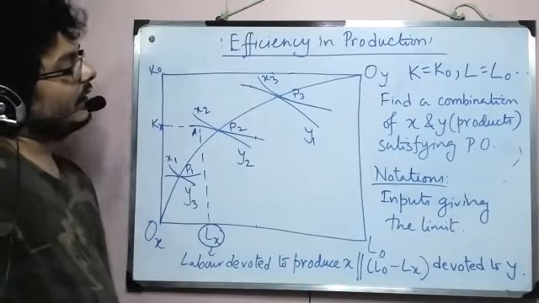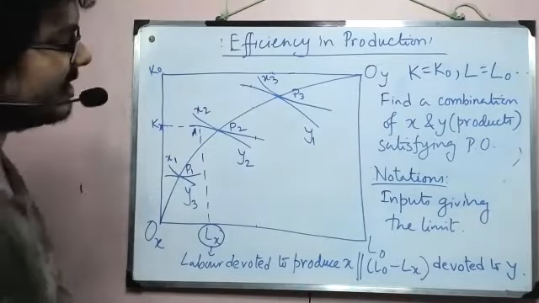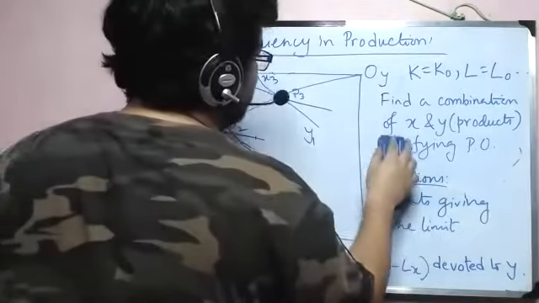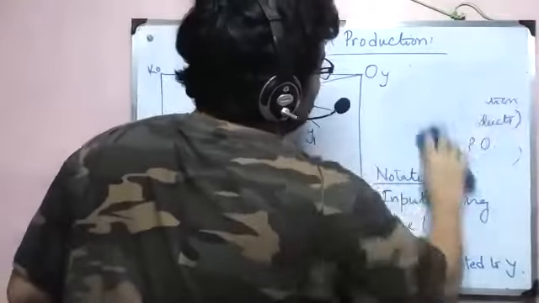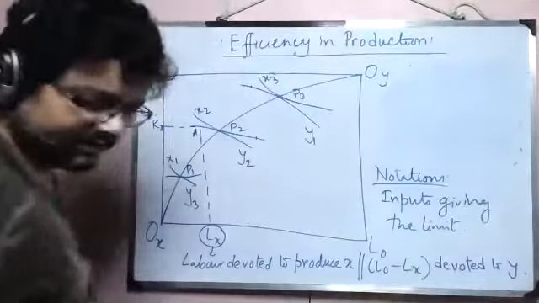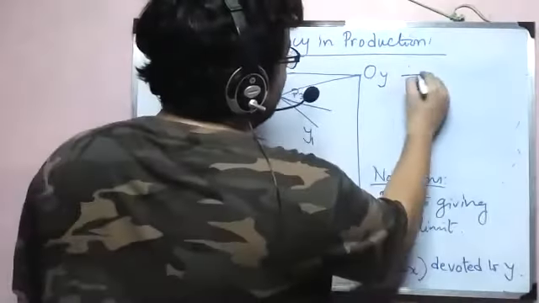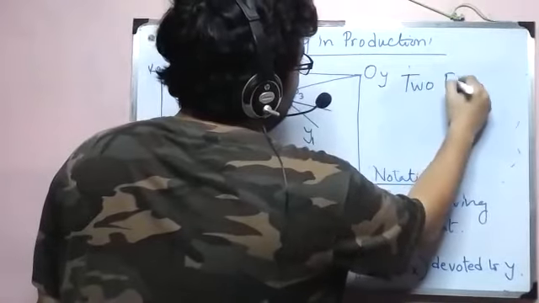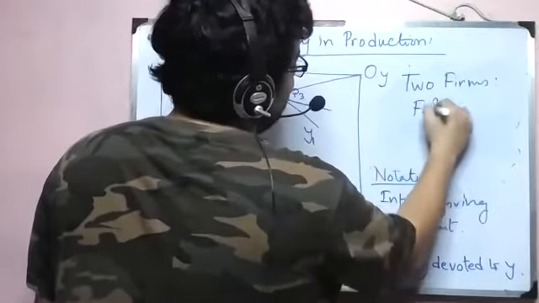Now, when I started all this construction or notations of general equilibrium, all right, I said that I'm assuming two farms, and I named them F and G.